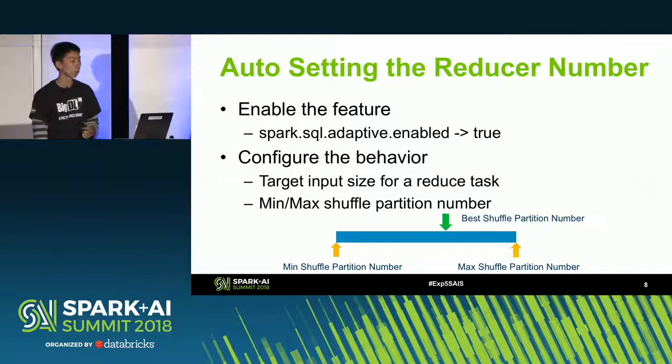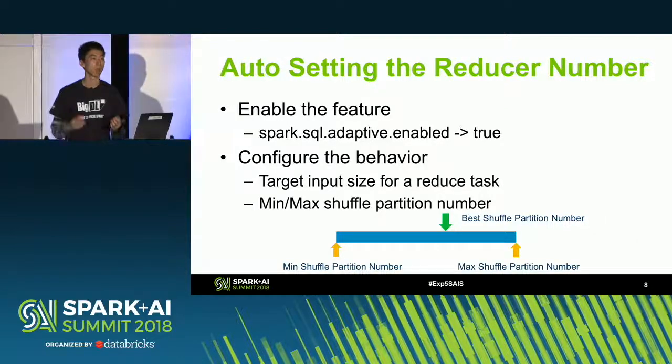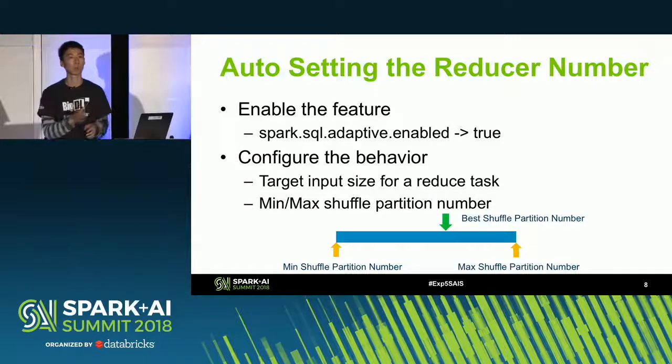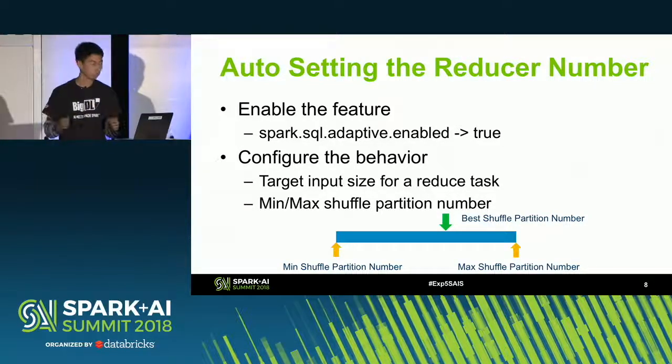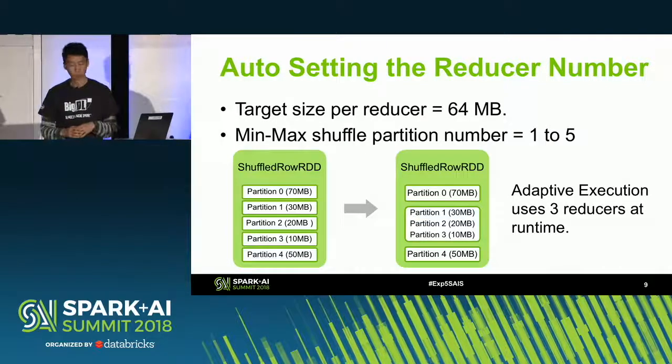So you can configure the target input size for a reduce task, and you can also configure the min shuffle partition number and the max shuffle partition number. We will try to find the best shuffle partition number in this range. And here is an example.